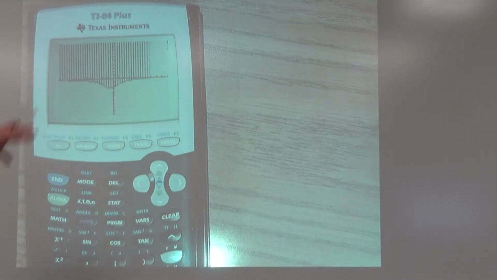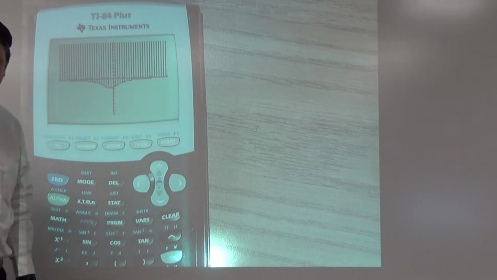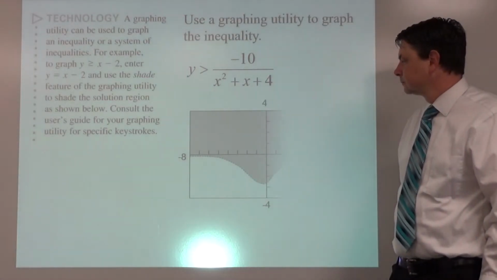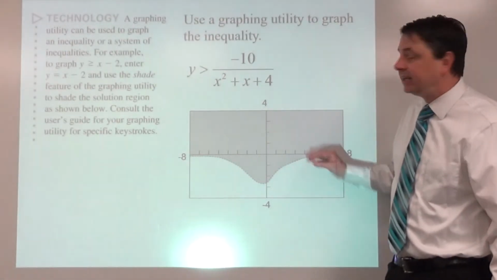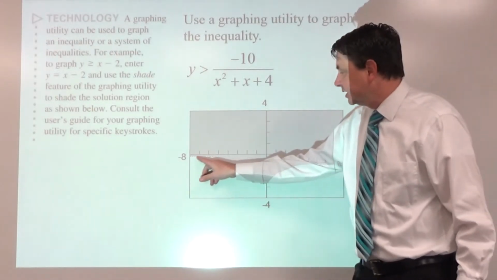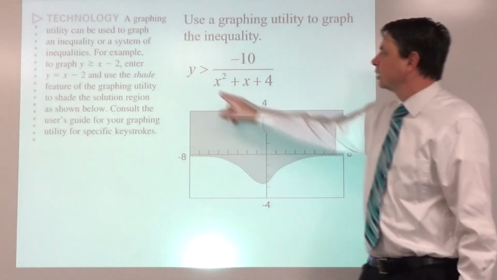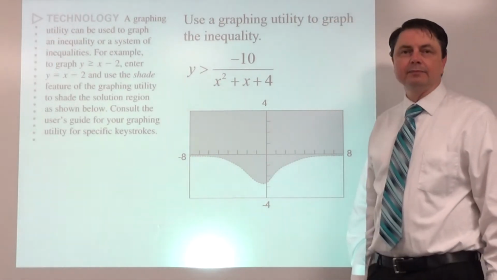Now our inequality is y is greater than, so that would mean shade above. That's the one that we want. So if we press graph, it'll show that shading. So it looks something like this. Now the one thing it doesn't show, if we're going to try to communicate that, is the dotted part to the boundary curve, because it isn't or equal to, so we would want to show that as dotted.